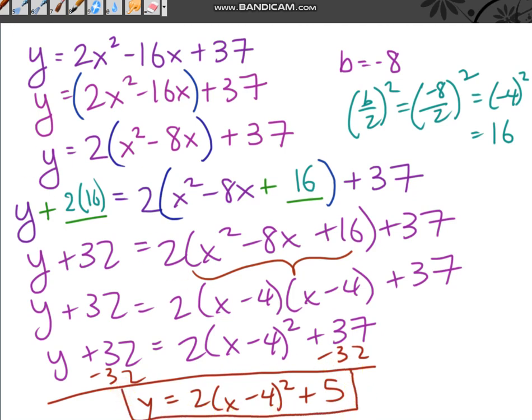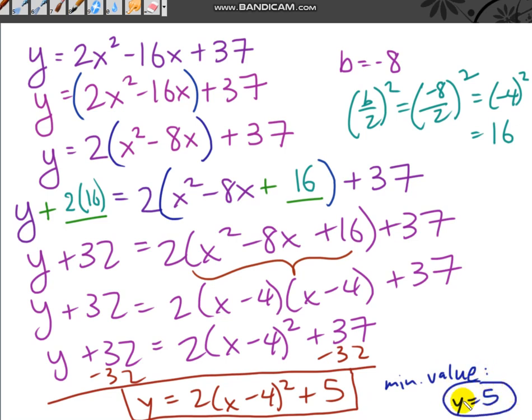Next, we want to identify the minimum value. The minimum value is just this number in front here. So our minimum value is y equals 5.